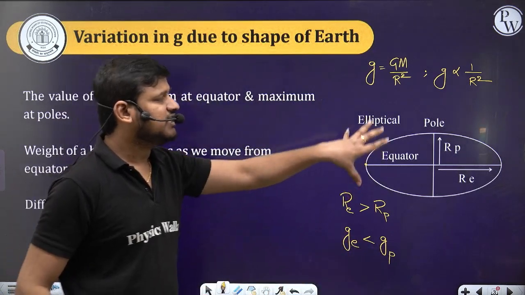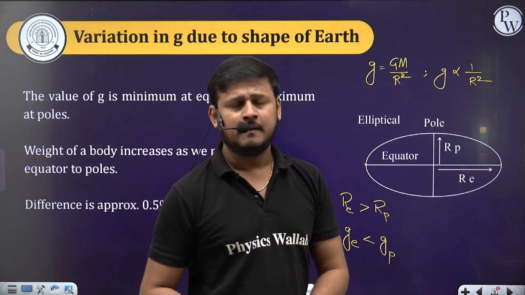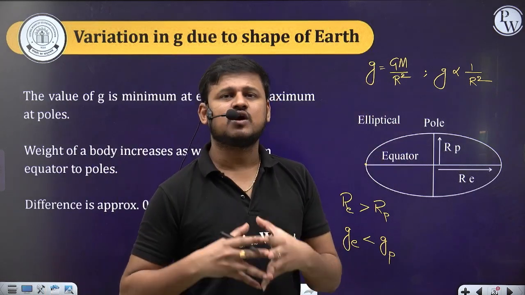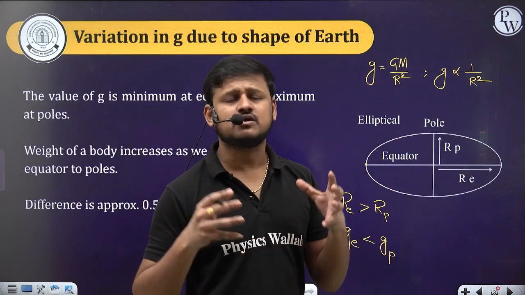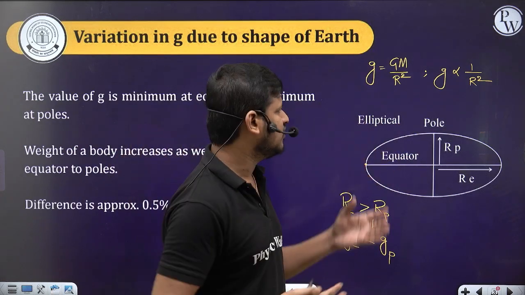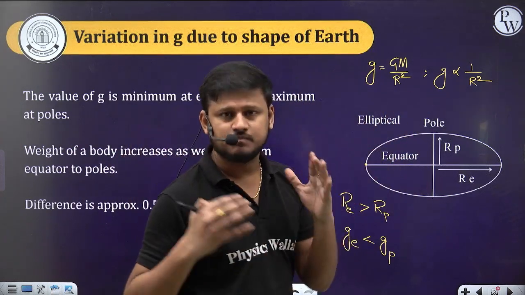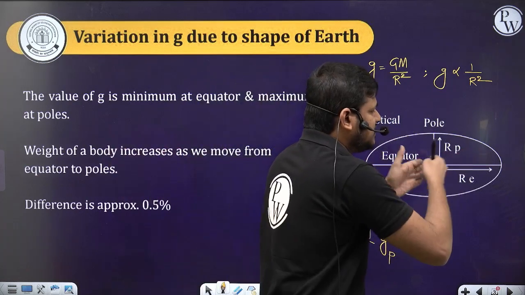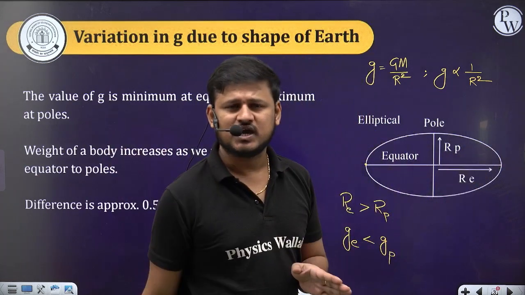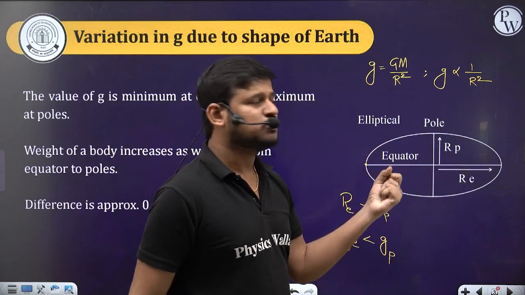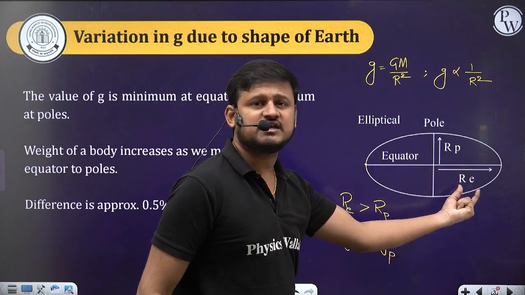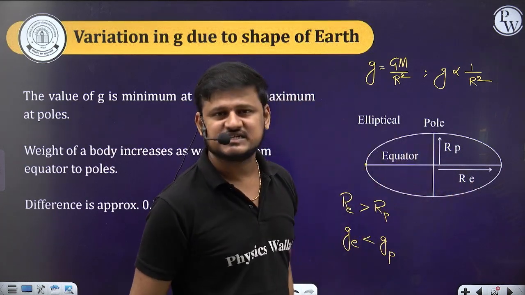We assume the earth as a solid sphere, but in reality it's not exactly a solid sphere. It looks like a somewhat elliptical shape, not completely like this, but somewhat distorted at these ends. So the radius at the equator will be greater than the radius at the pole.